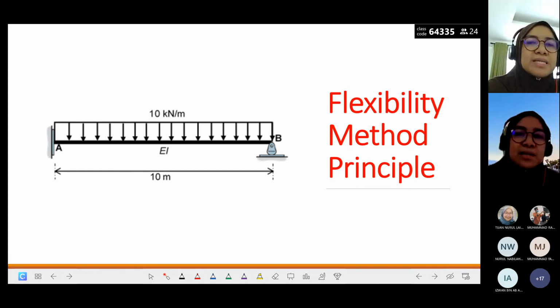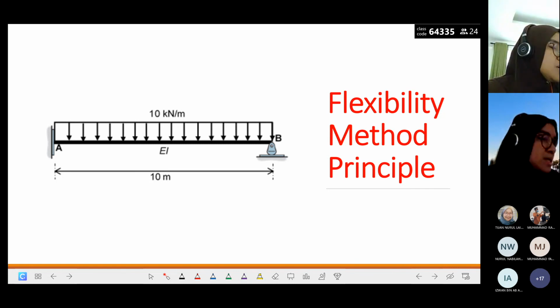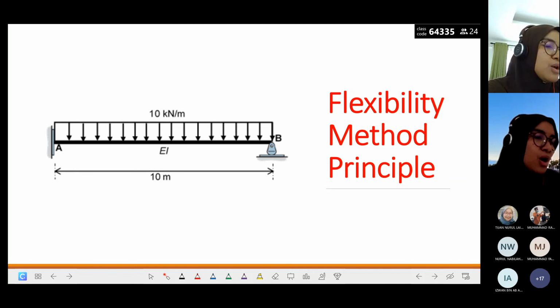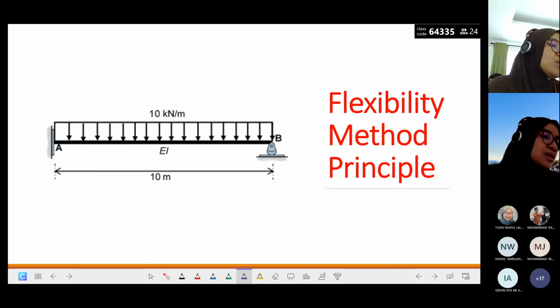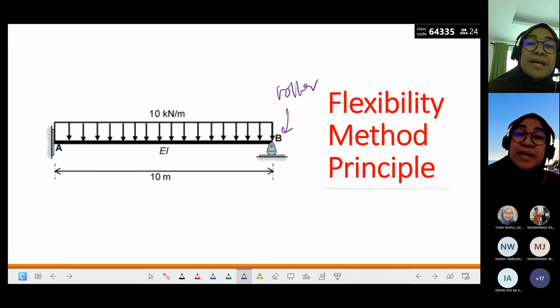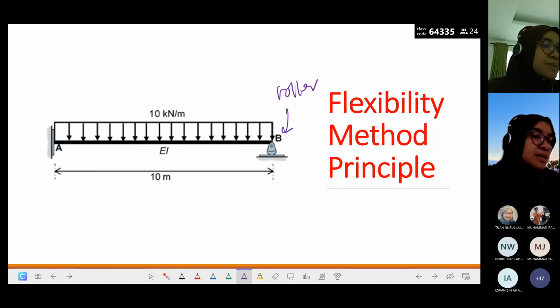Okay, so let's look at this beam. This beam is an indeterminate beam, 10 meters long. B is a roller support. There is a uniformly distributed load of 10 kilonewton per meter.